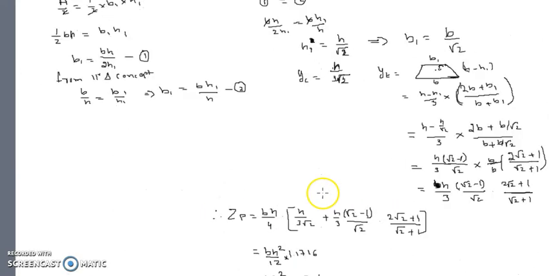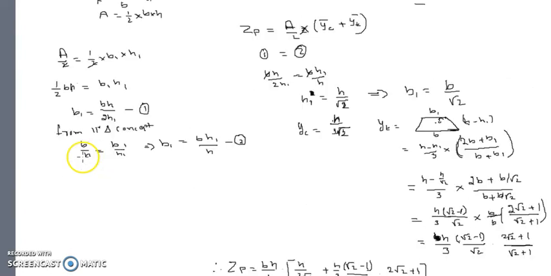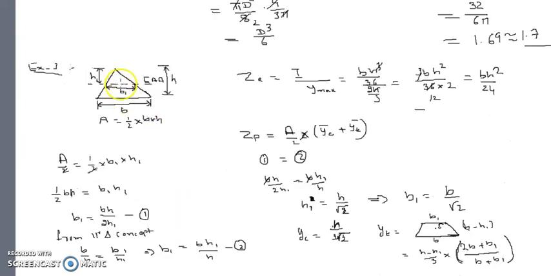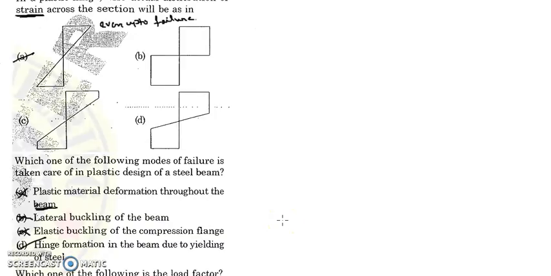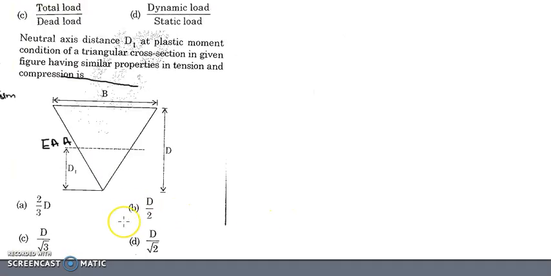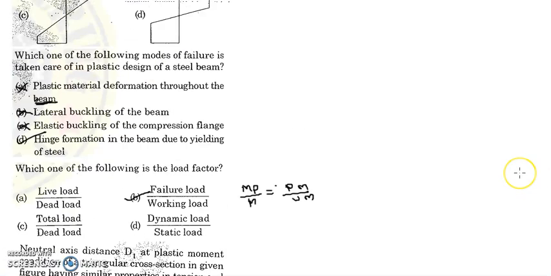What is this h1? We get h1 by root 2. Clear? You can try this out once again to check yourself. So the answer for this one is d by root 2.